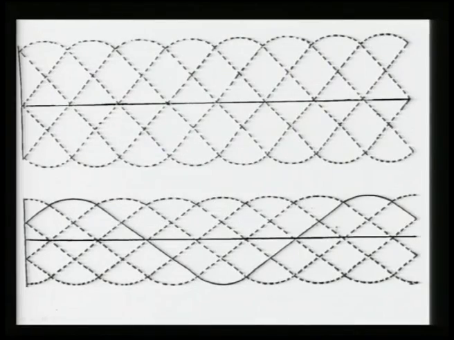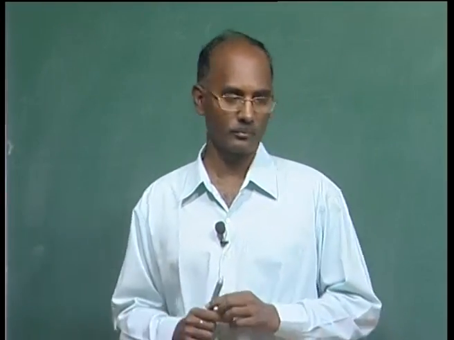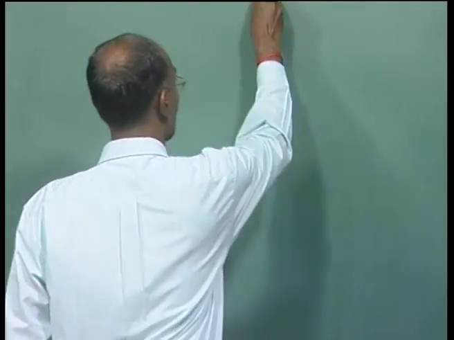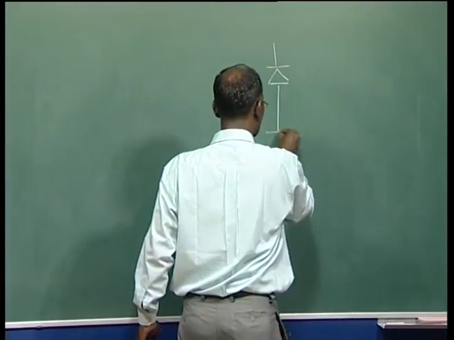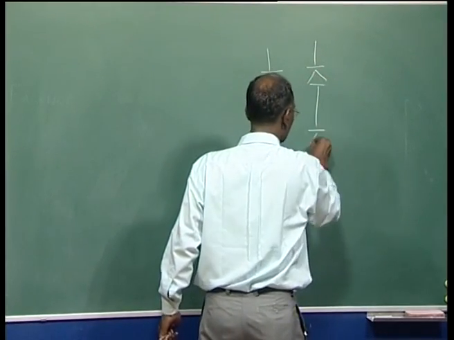Now, let us see the output voltage for a given alpha and u, and we will also see the valve voltage of any of the valves. Again I have to draw the 6 pulse converter bridge, and we are taking the same example all the time, and the numbers are also the same.